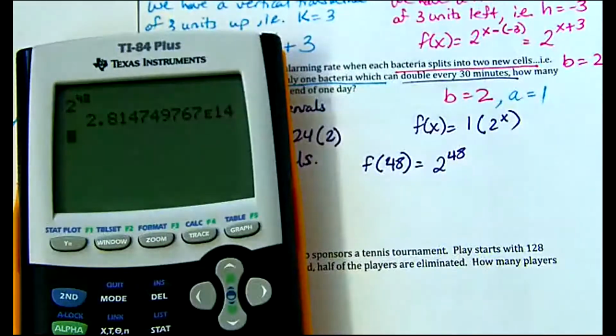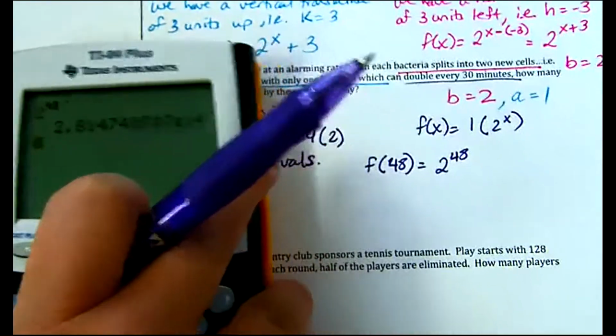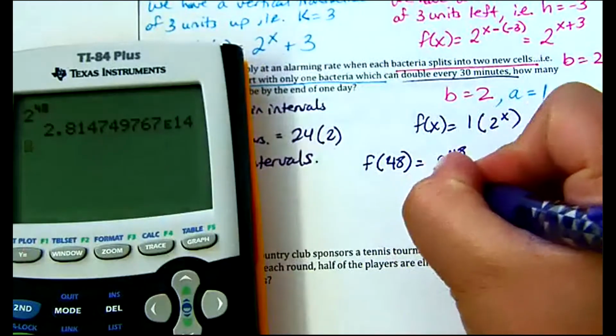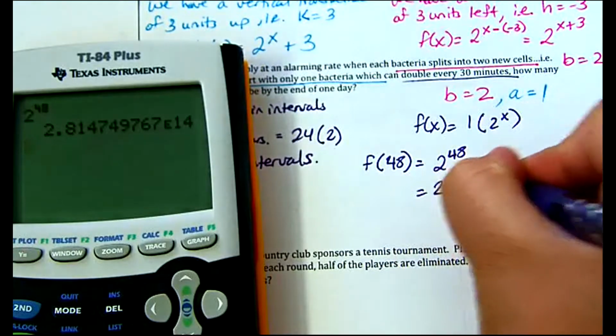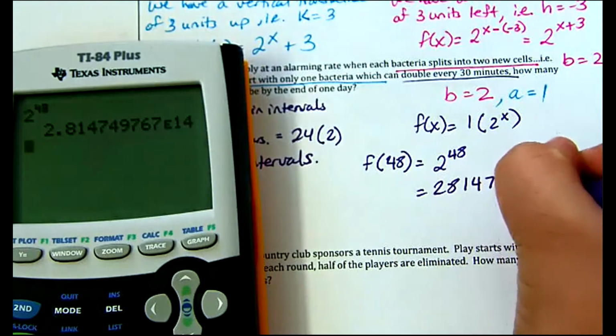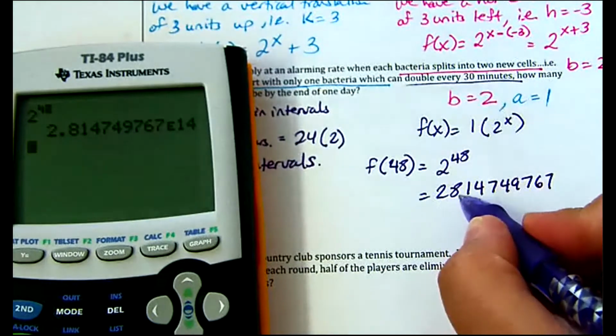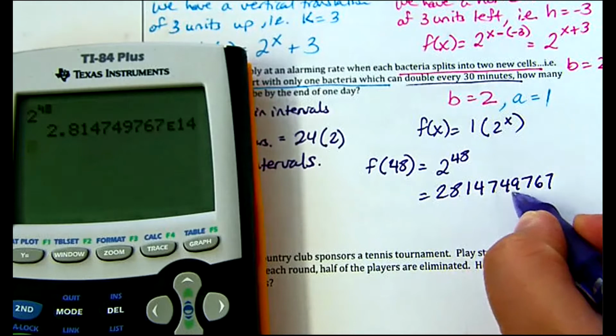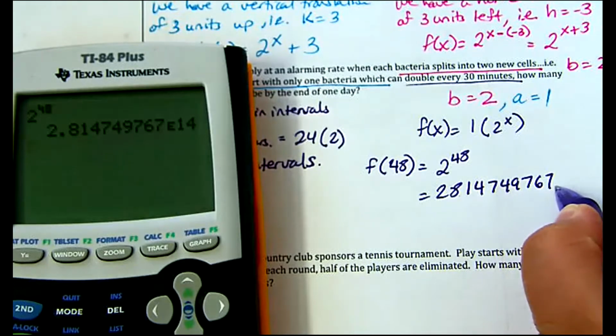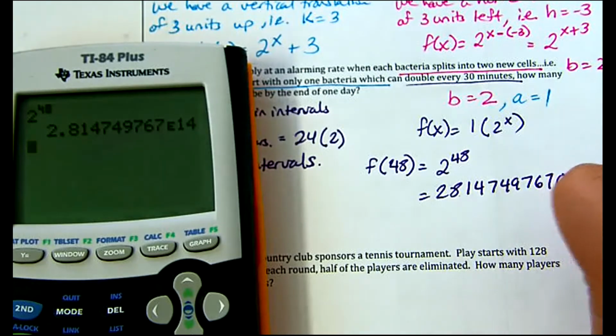My bad. 9 to get to the end of 7. So this is going to be 28147497767. So again, 1, 2, 3, 4, 5, 6, 7, 8, 9, 10, 11, 12, 13, 14.